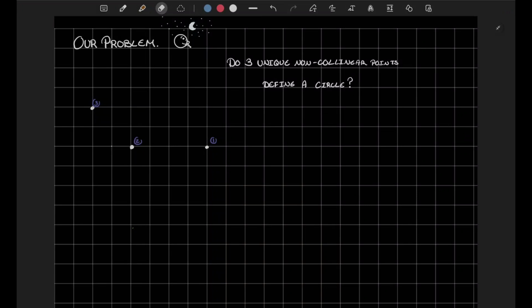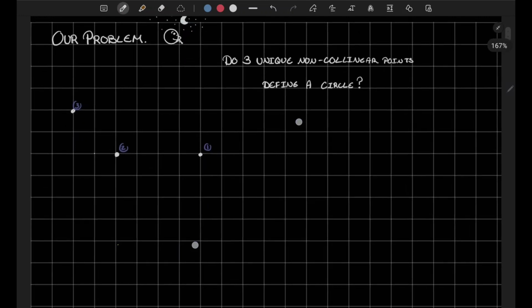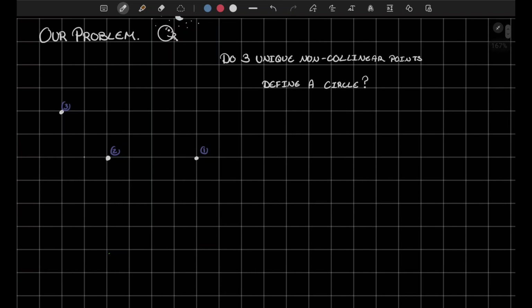So, our problem for the day: do 3 unique non-collinear points define a circle? Before we head on any further, let's define what our terms mean here.